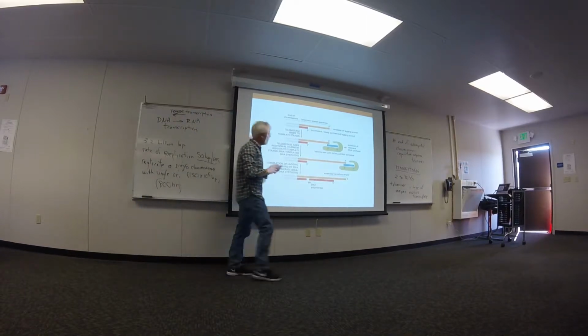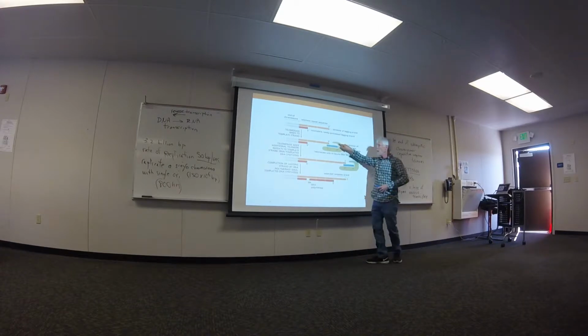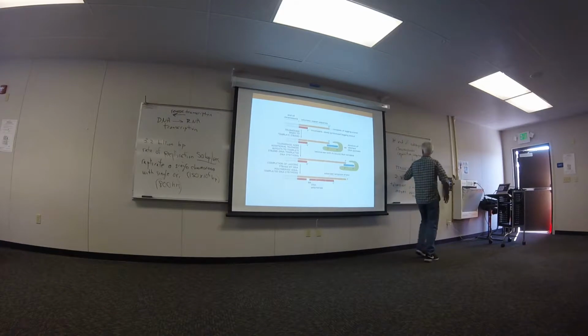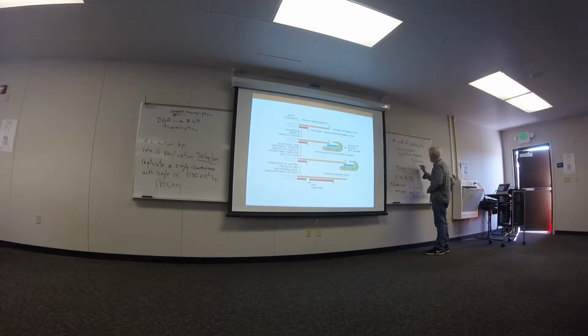It turns out that the telomerase enzyme is part protein, and it has a single-stranded RNA template. That's what the blue line is here. It uses this sequence, which is complementary to this, so the RNA molecule in this enzyme base pairs with that sequence.